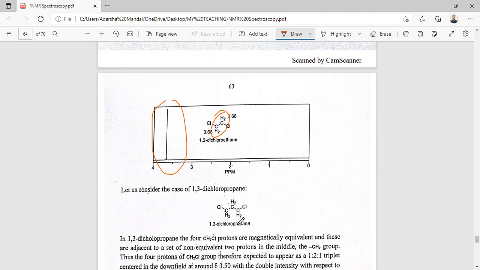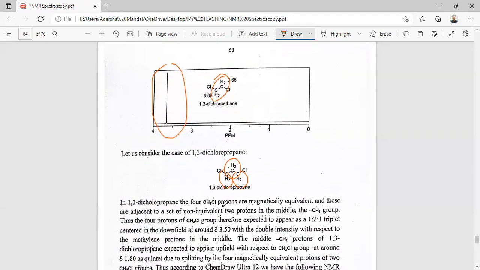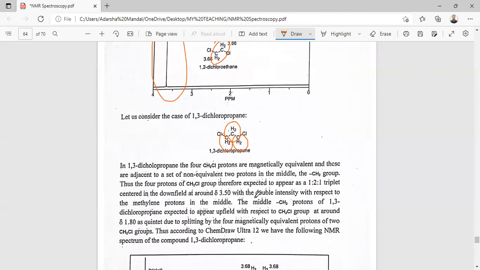Now in the case of 1,3-dichloropropane, there are a total of 4 protons types, but here 2 sets of equivalent protons: the 2 CH2Cl groups form one set, and the middle CH2 is another set. The 4 CH2Cl protons are magnetically equivalent, and they are adjacent to the 2 non-equivalent protons in the middle CH2 group. Thus the CH2Cl group is expected to appear as a 1:2:1 triplet downfield, around 3.7, with double the intensity with respect to the methylene protons in the middle.